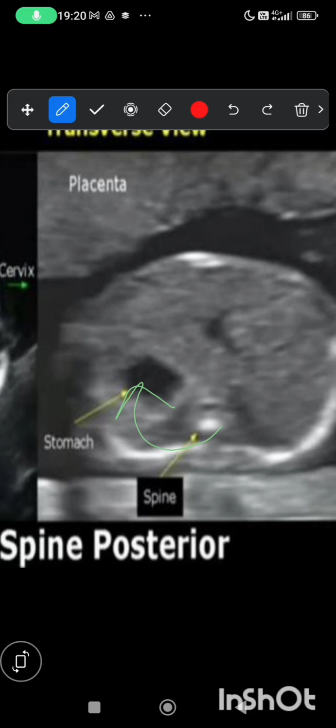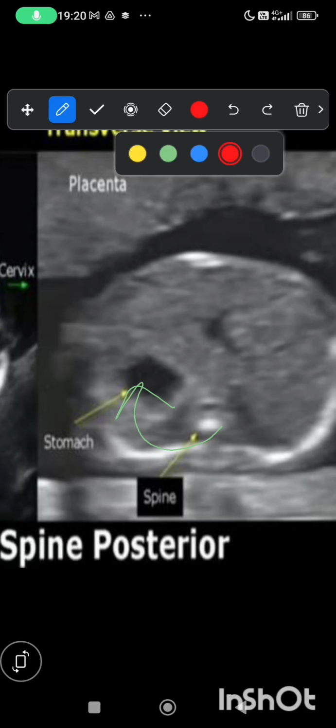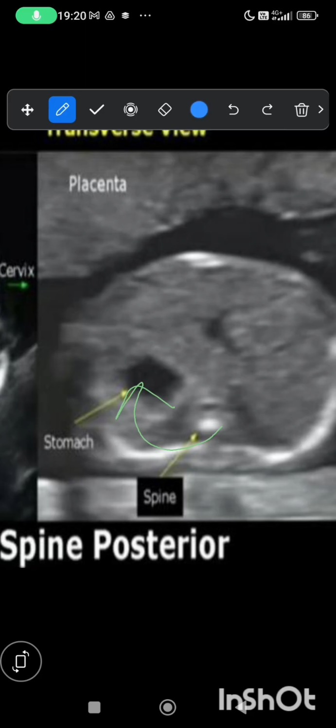Any guess? Head toward the right. Okay, so how can we remember this? Whenever it's clockwise, there are only two possibilities. If our probe is longitudinal, we know it's transverse, and transverse head toward maternal right.